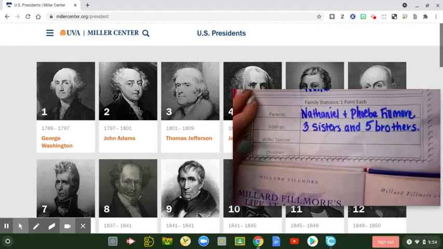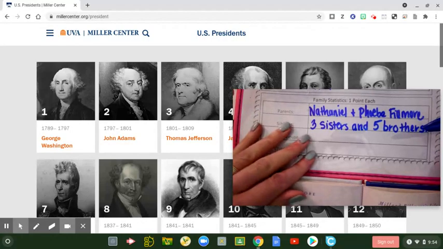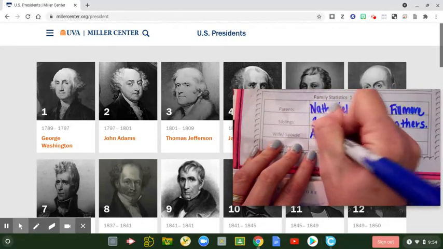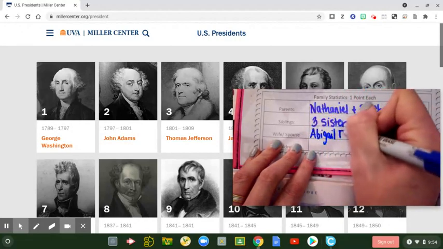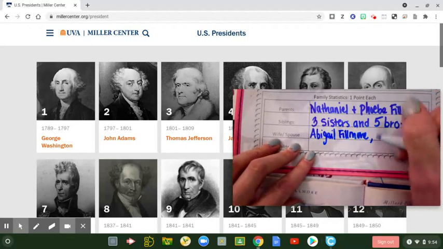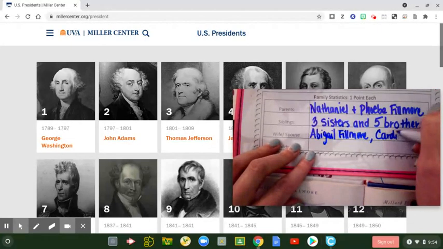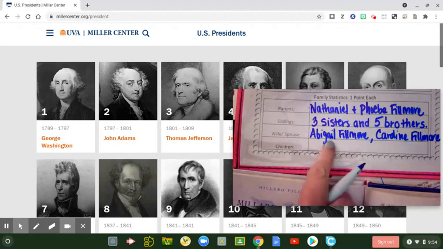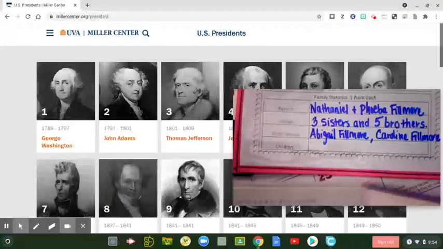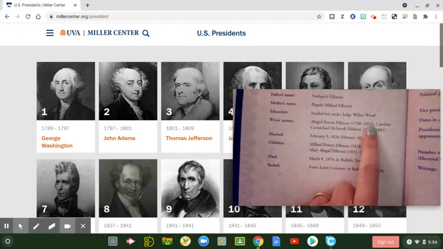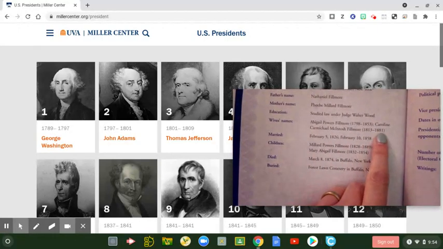So I'm going to put down Abigail Fillmore. And then the other one was Carolyn Fillmore. Okay. If you had room and you wanted to put like the dates that Abigail lived, you could do that. And then you could put the dates that Carolyn lived.